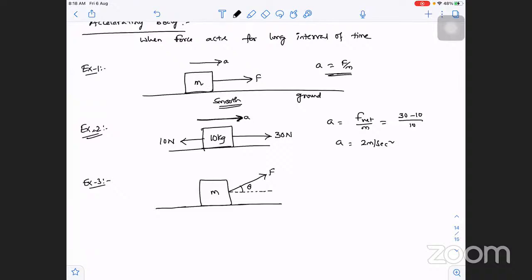If the object moves on the ground, find acceleration and normal reaction on the block.